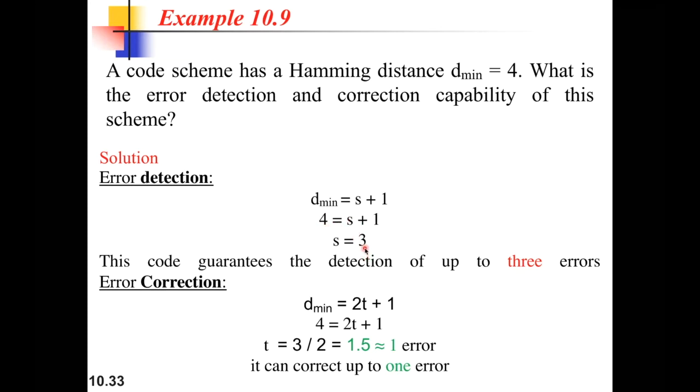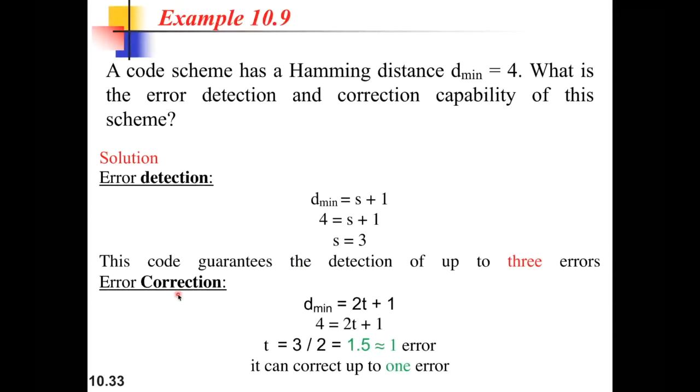S is 3. Or you already remember that if you subtract 1 from minimum Hamming distance, this is the number 3, so these are the error bits that you can detect correctly with guarantee. S equals 3, meaning you can detect the error of 3 bits if minimum Hamming distance is 4. So this coding scheme guarantees the detection of up to 3 errors.